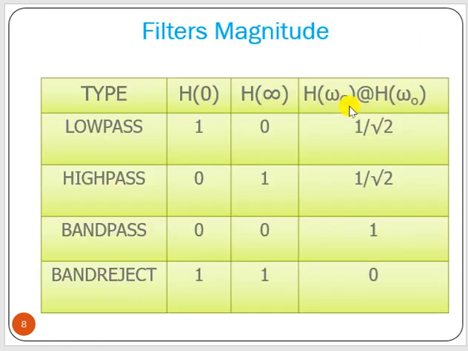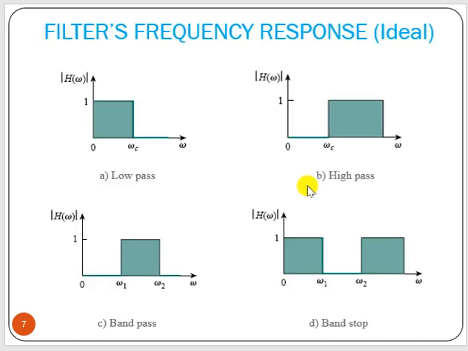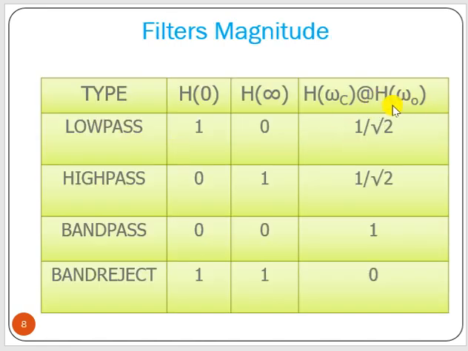Now, at omega c, what is the value? That should be 1 by root 2. That means it should fall to 70.7% of the value. So that is the minus 3 dB point. If this is written in dB, 20 log of gain is equal to minus 3 dB, and that value is 1 by root 2.